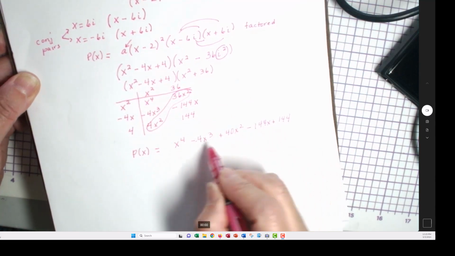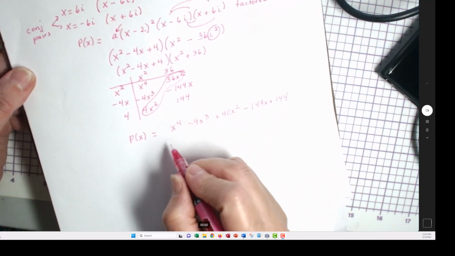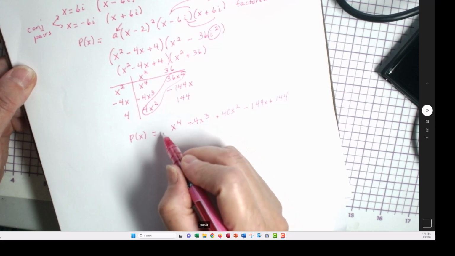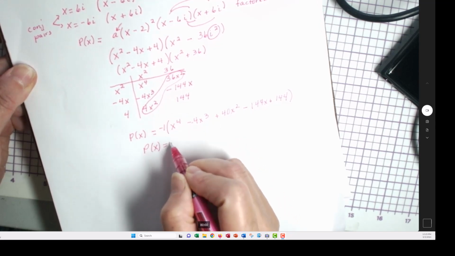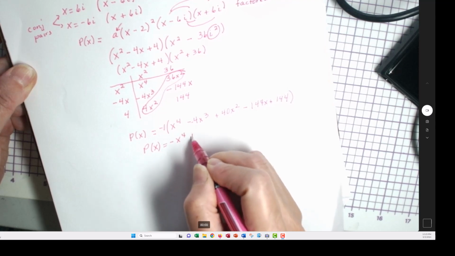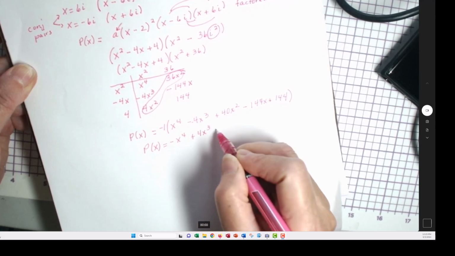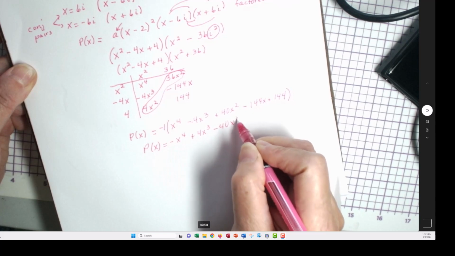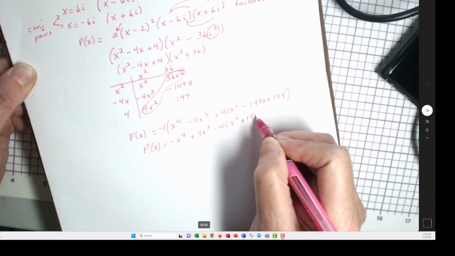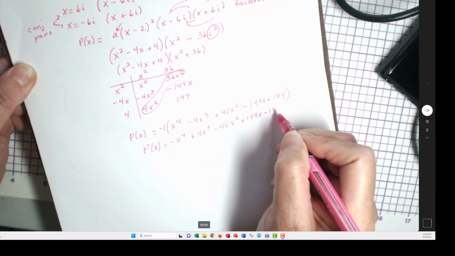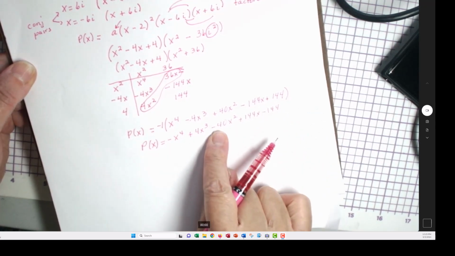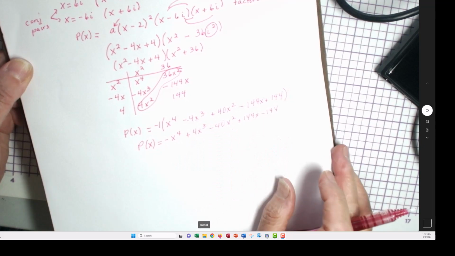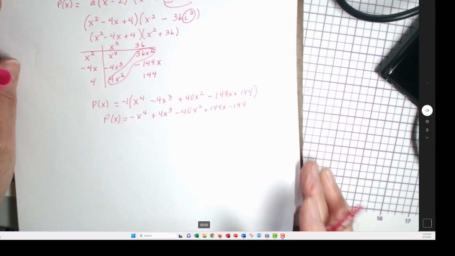So take your entire general form here and multiply it by negative 1. And so now your p of x is negative x to the 4th plus 4x cubed minus 40x squared plus 144x minus 144. And now your polynomial has the right zeros and the right x squared coefficient. I hope that helps.